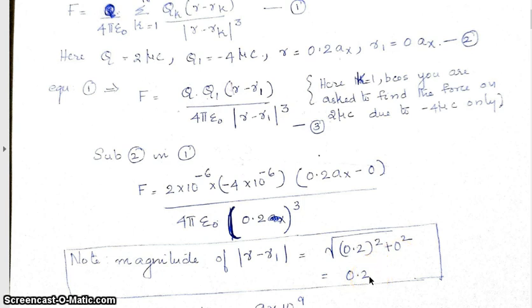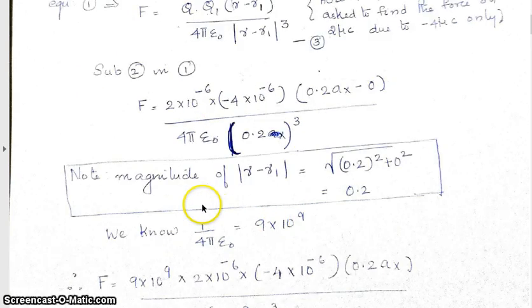Now you can substitute all this data into the equation. Your Q is 2 into 10 raised to minus 6; you have to convert it into SI unit, micro is 10 raised to minus 6. Q1 is equal to minus 4 into 10 raised to minus 6. Then R minus R1 is 0.2 ax by 4 pi epsilon 0, and modulus of R minus R1 you will get as 0.2, the whole cube.